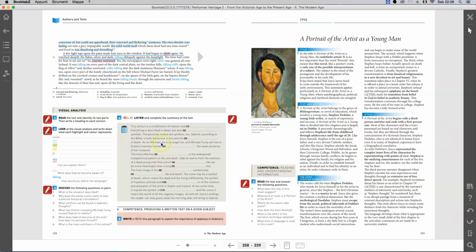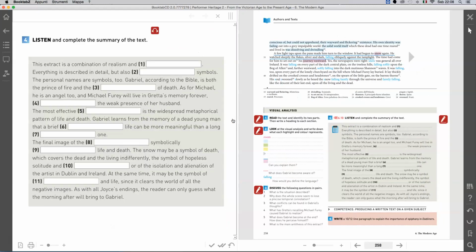Okay, and now we can complete the summary of the whole passage together. We can find that in this passage there is a combination of realism and symbolism. Everything is described in detail, but also overloaded with symbols. The personal names are symbols too.